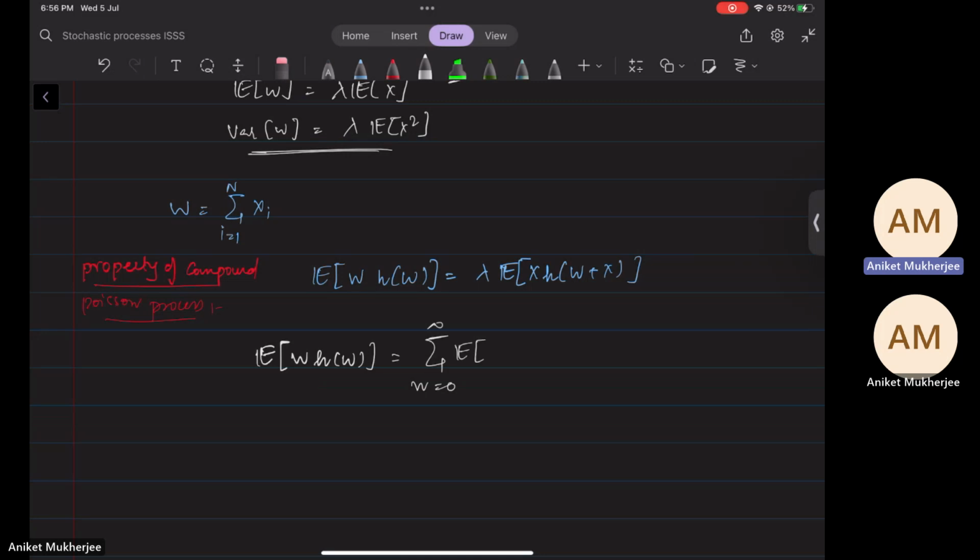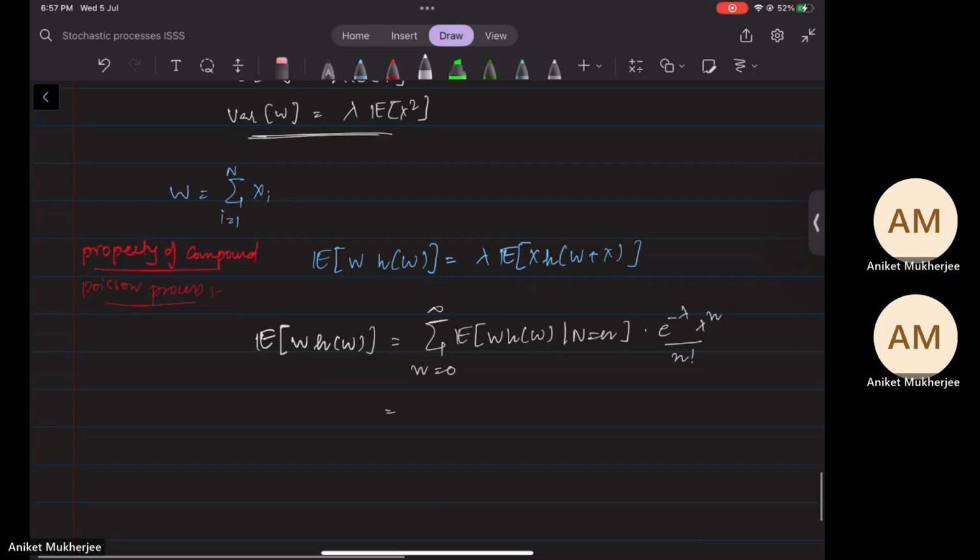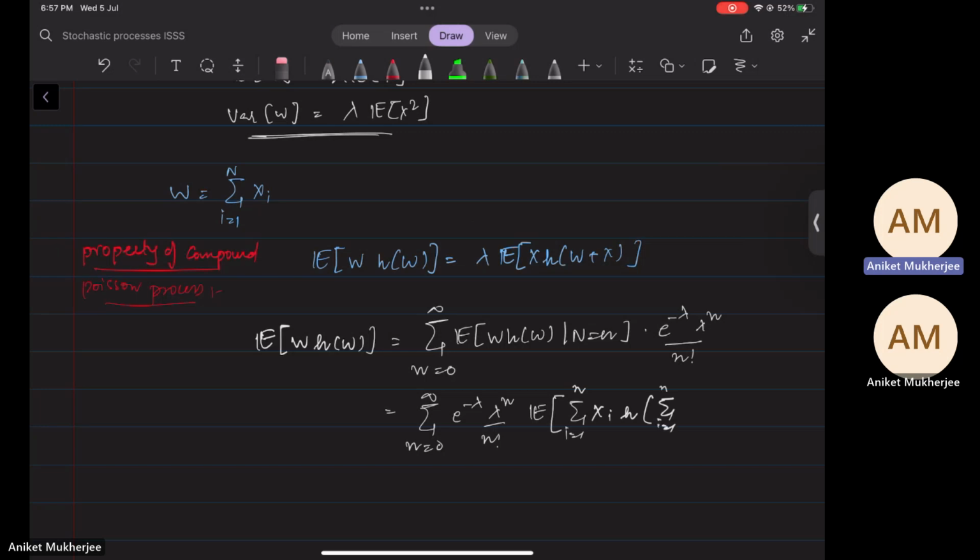So we have the expectation of W h(W) conditioned on N, summed with e^(-λ) λ^n by n factorial, times the expectation of the summation i equal to 1 to n of Xi times h of the summation i equal to 1 to n of Xi.